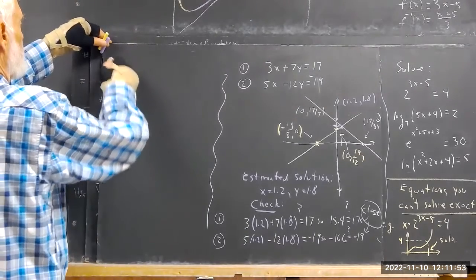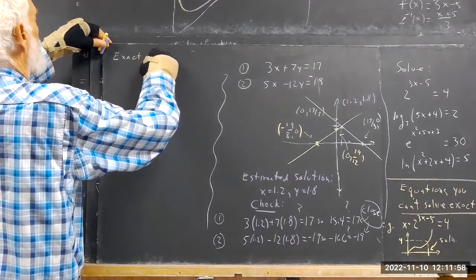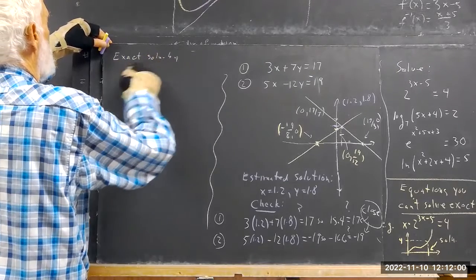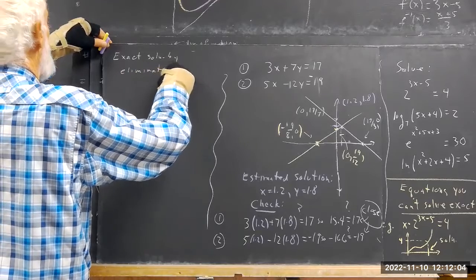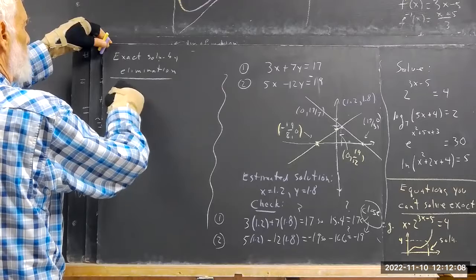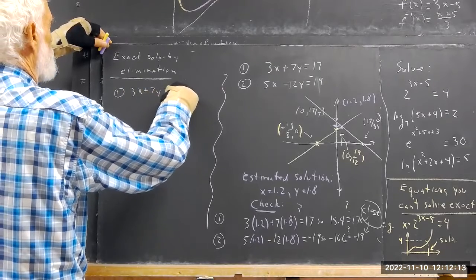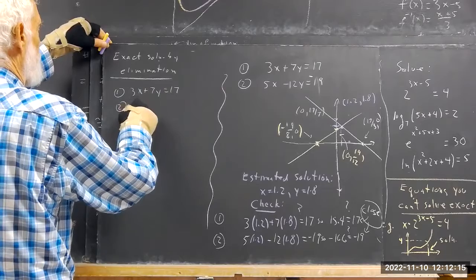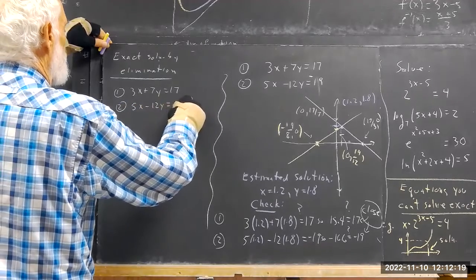So by elimination, again, we have equation 1 is 3x plus 7y equals 17. Equation 2 is 5x minus 12y equals negative 19.